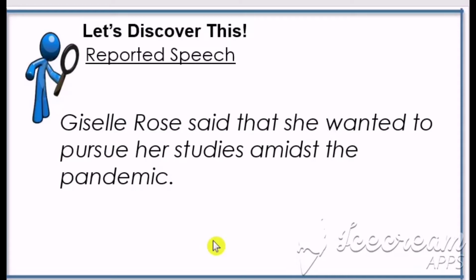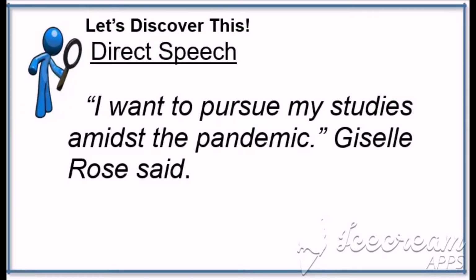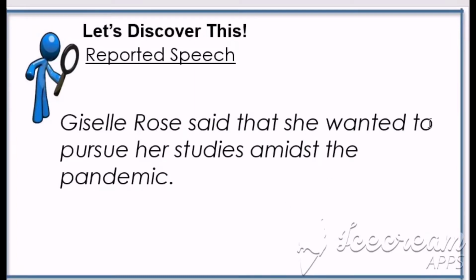Now, how do we write that? Simply, we remove the quotation marks. Okay, we just copy the subject as well as the verb. And then we add the word that. Okay, and then of course, we have to change the pronouns from the direct speech. So, from I want to pursue my studies amidst the pandemic, we changed that into she wanted to pursue her studies amidst the pandemic.